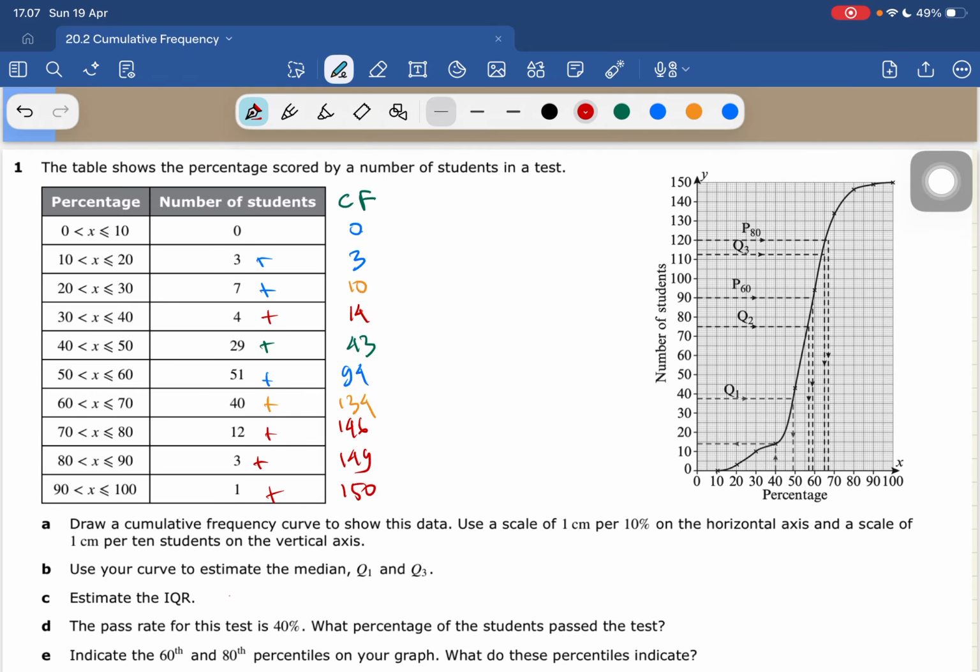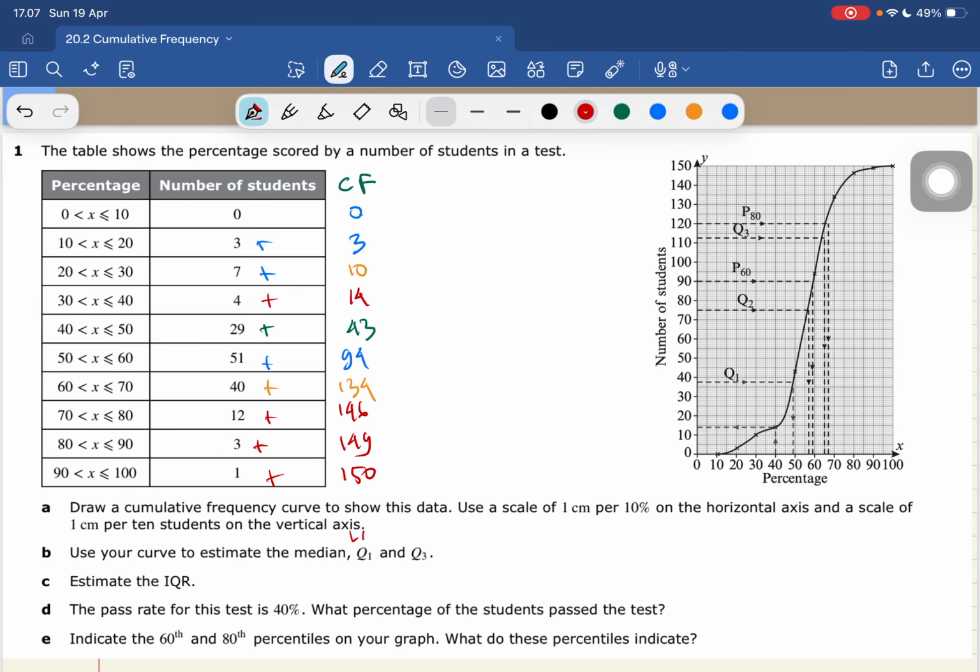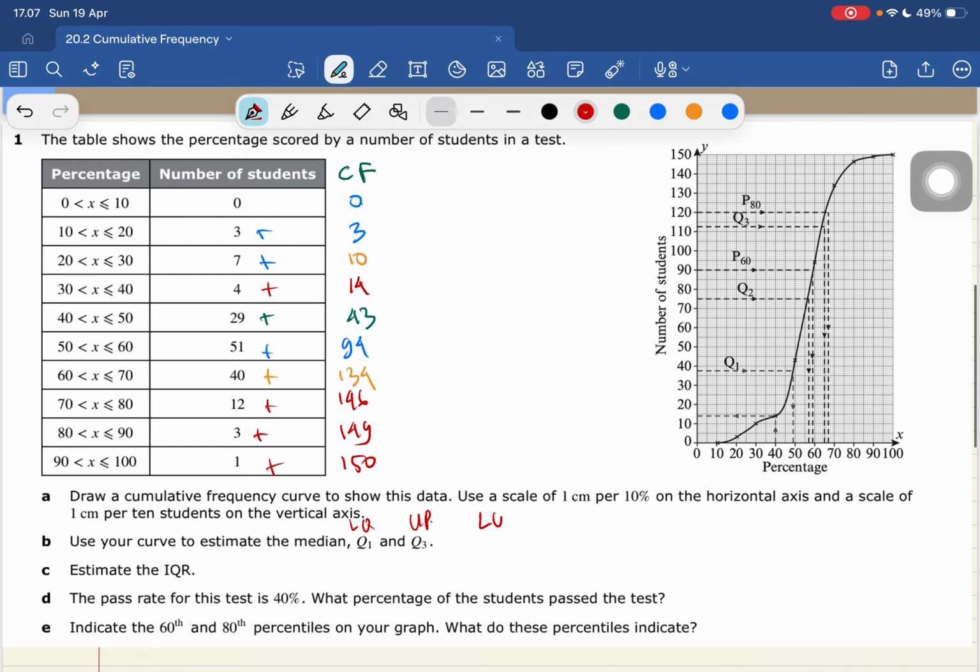Okay, use the curve to estimate Q1 and Q3. Q1 is the lower quartile and Q3 is the upper quartile. To find the lower quartile, it's 1/4 multiplied by n, and the total is 150.